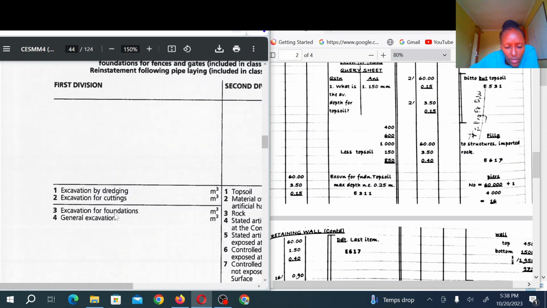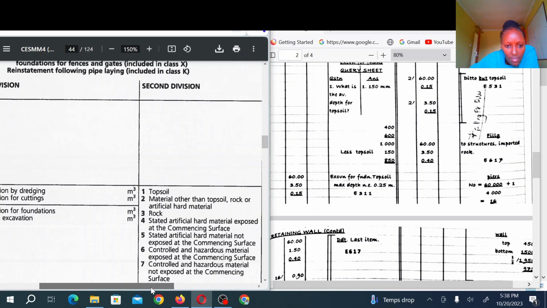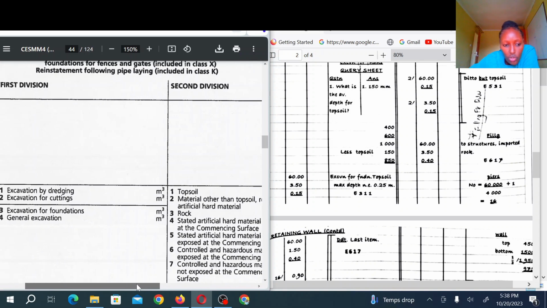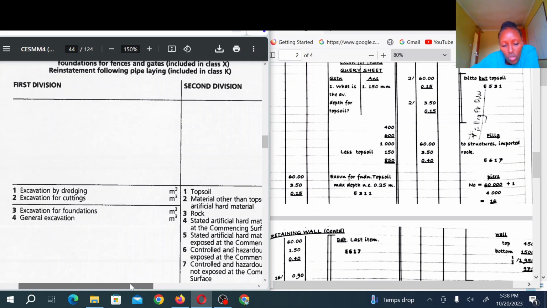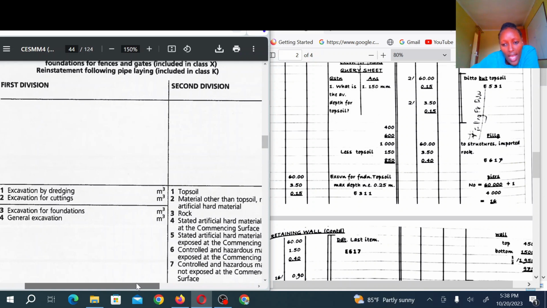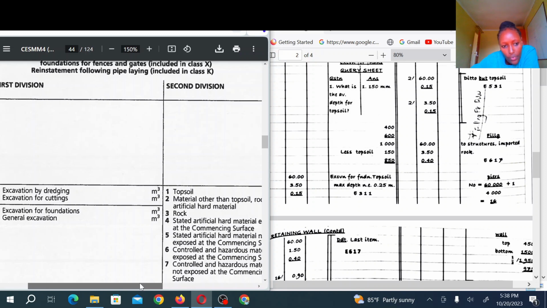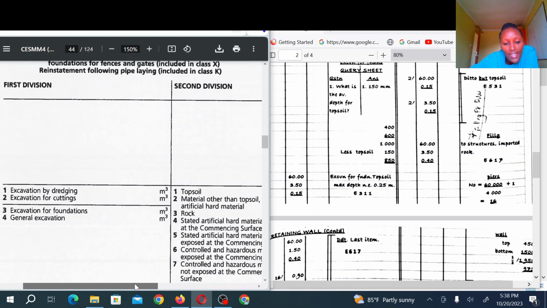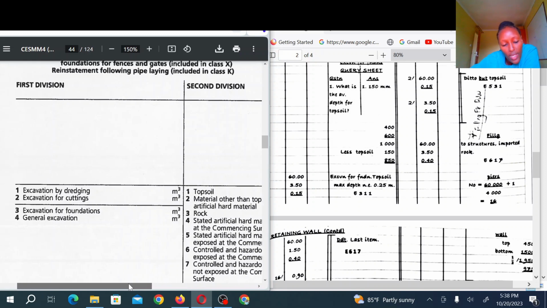So if excavation of foundation is in meters cubed, then we should take the length, the width, and the depth. And once it's in meters cubed, we have been told if we are excavating, we shall start first with excavating the topsoil before we excavate up to the bottom of the foundation.